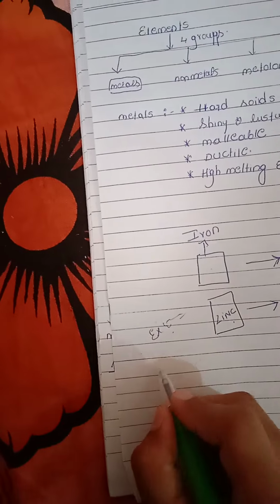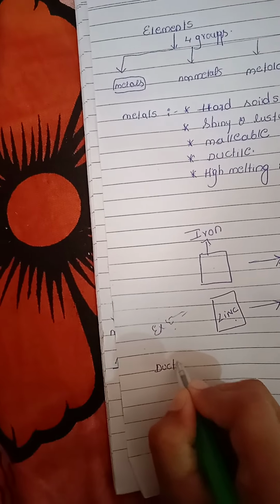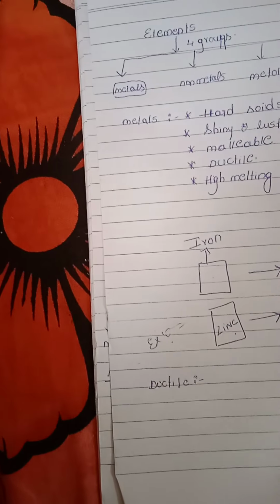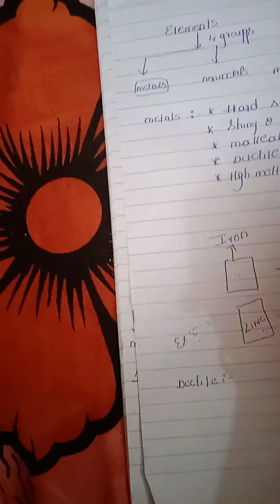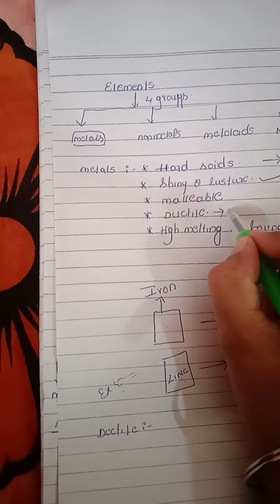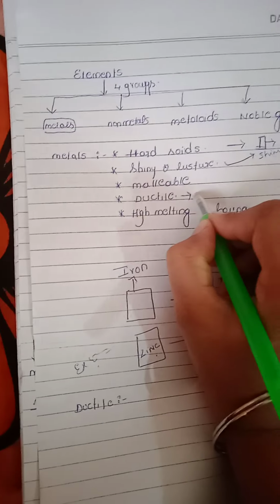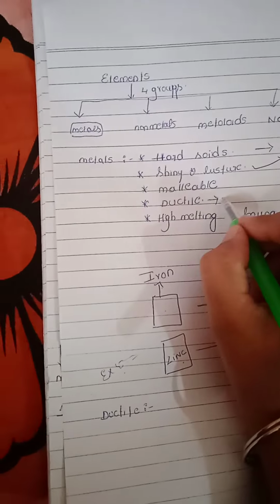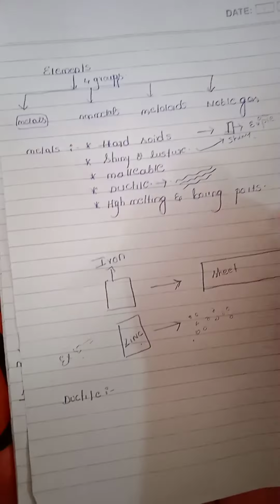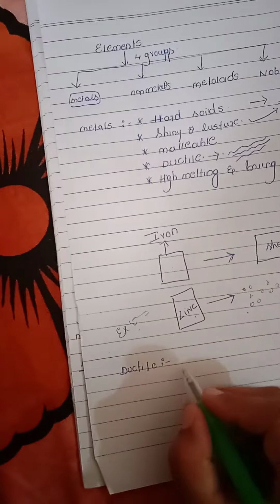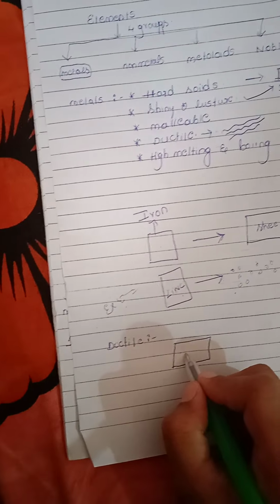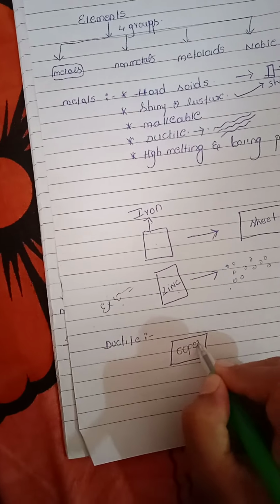Now, ductile. These metals are ductile. Ductile means we can make a wire. For example, I am taking copper. Think that it is copper, okay?